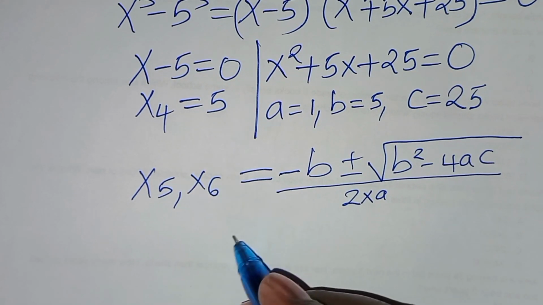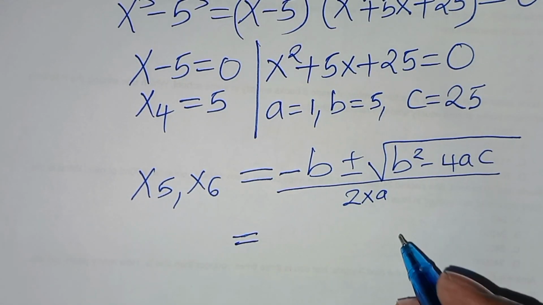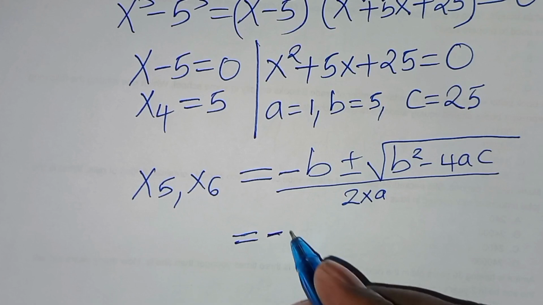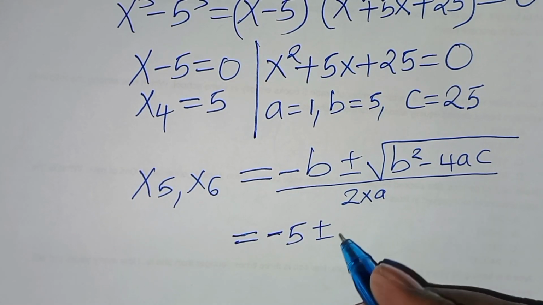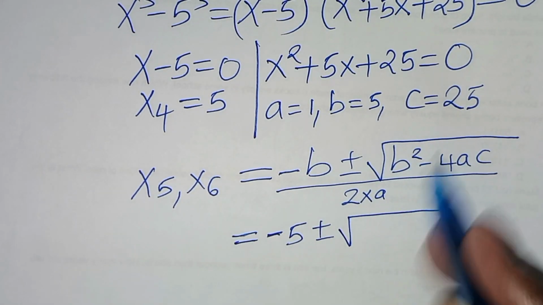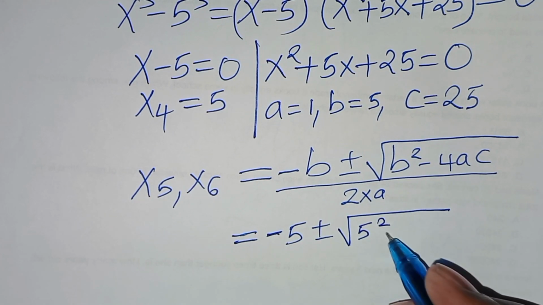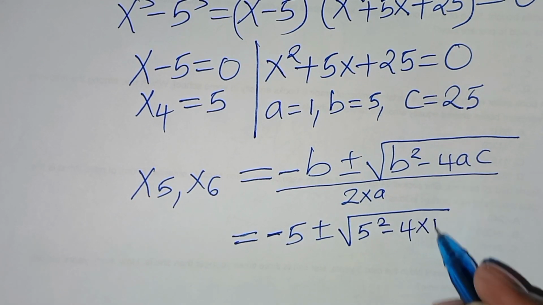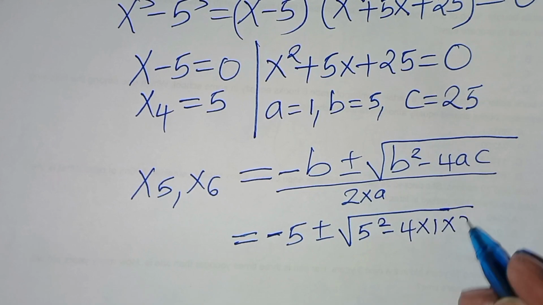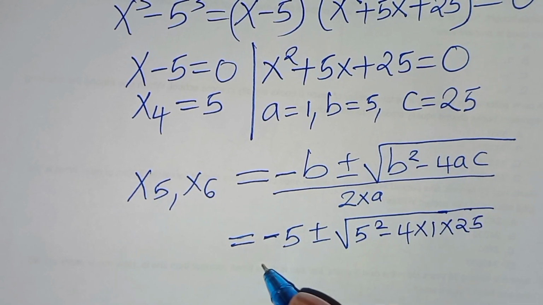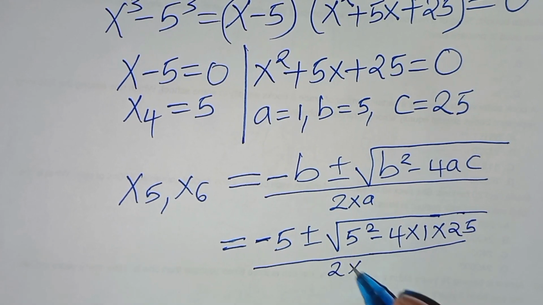Let's substitute these values of a, b, and c. Here we have negative 5 plus or minus the square root of b squared, which is 5 squared, minus 4 times 1 times c, which is 25, all this divided by 2 times 1.